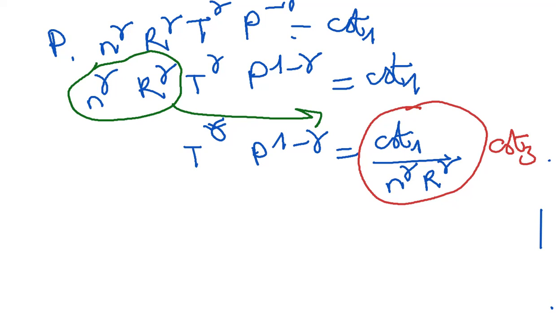So finally, it's a new constant that we call constant 3, and we have the equation that we were talking about at the beginning.